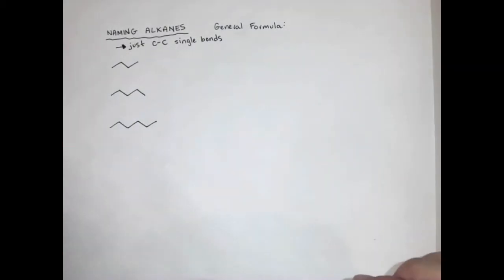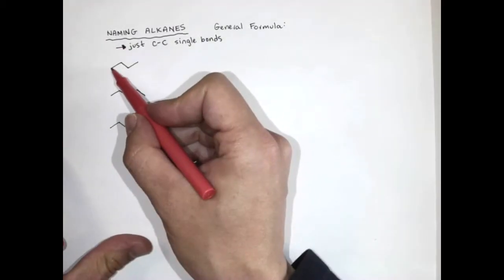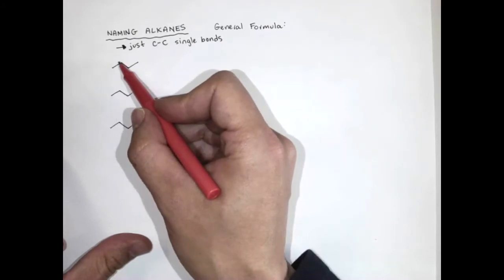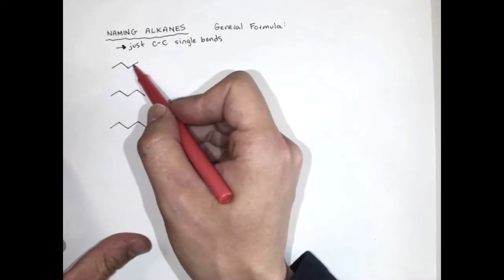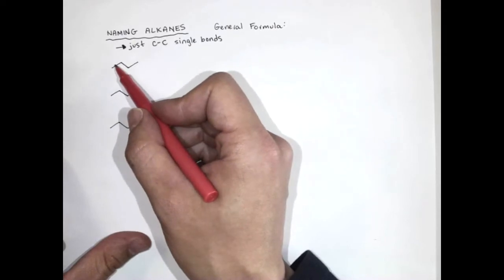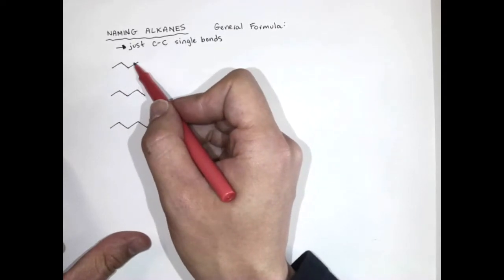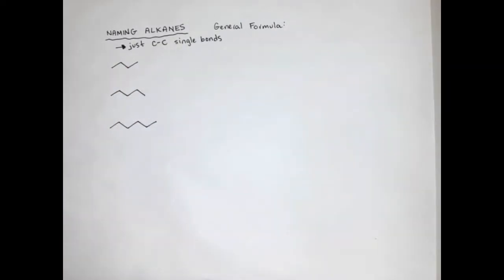With a line structural formula, remember that the carbons are represented by the ends of these zigzags. Each end of a zig and each end of a zag is a carbon atom. All right, so let's learn how to name these.